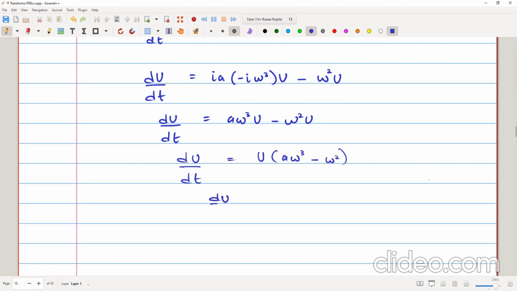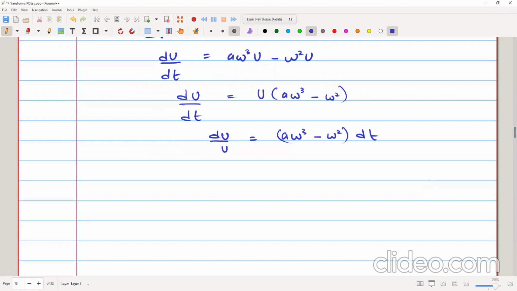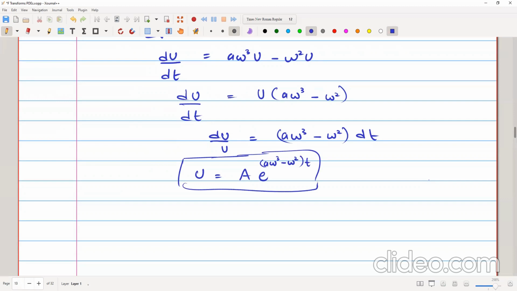So du over u equals a omega cube minus omega squared dt. So now the solution to this equation will be simply u equals A e to the power a omega cube minus omega squared t.